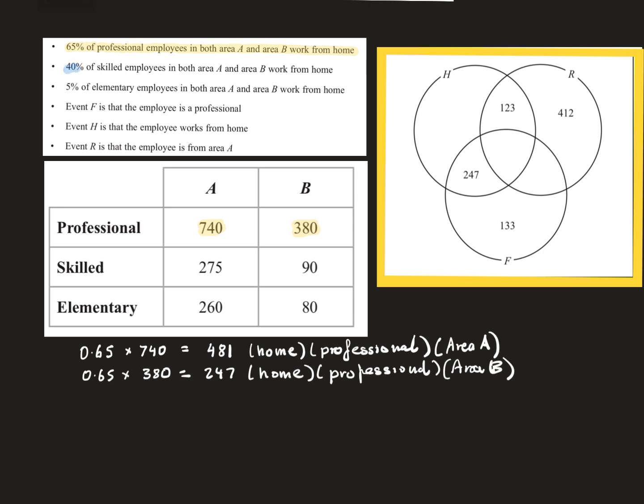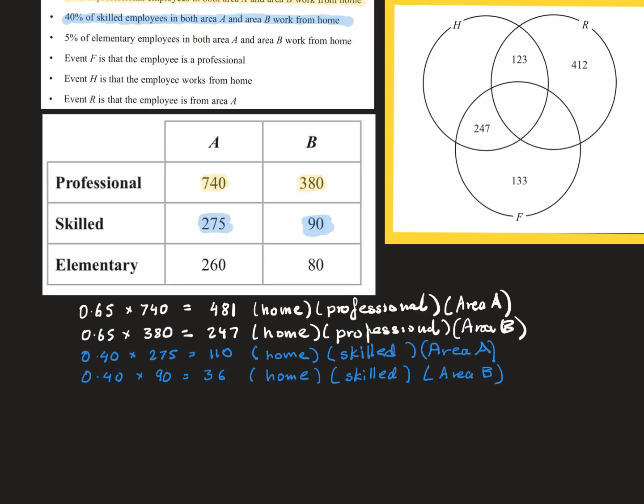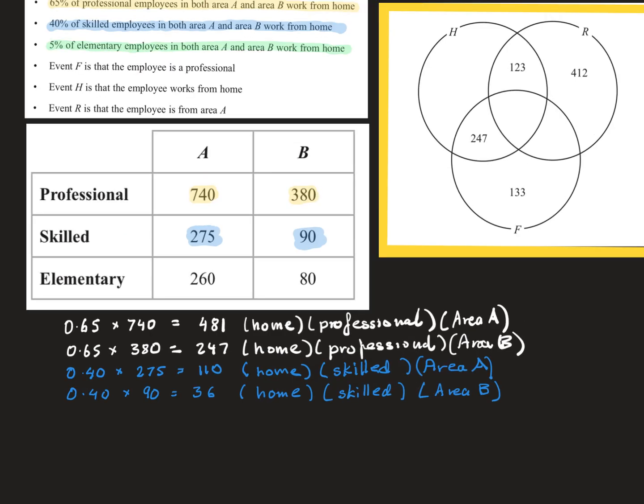Next, we'll look at the 40% of skilled employees in both area A and B that work from home. And the calculations have been done in blue. And in green, I've got 5% of elementary employees in both area A and B work from home. So we've got 5% we're calculating from each set.